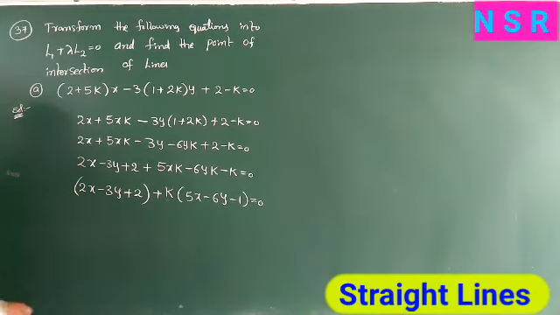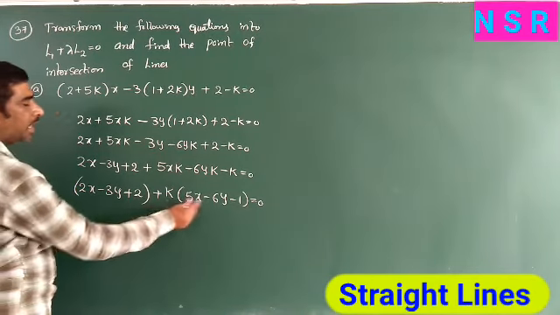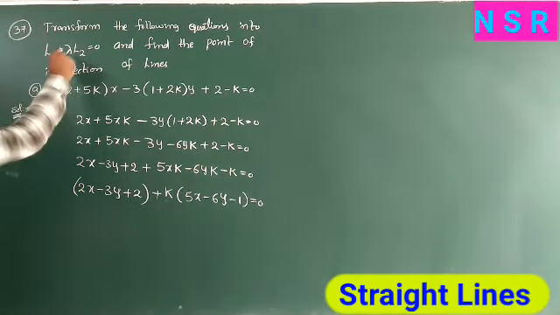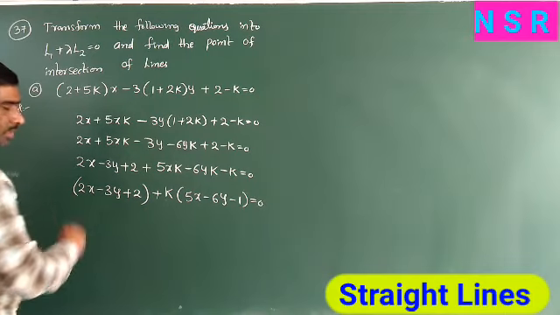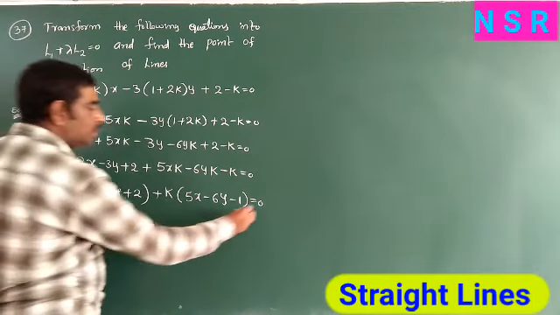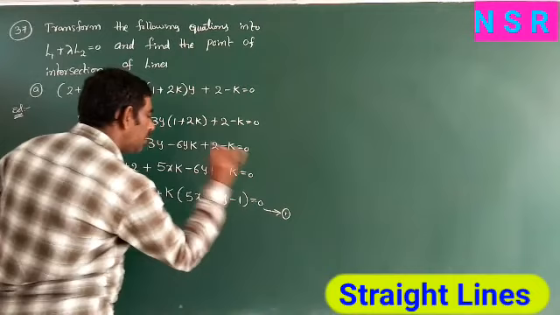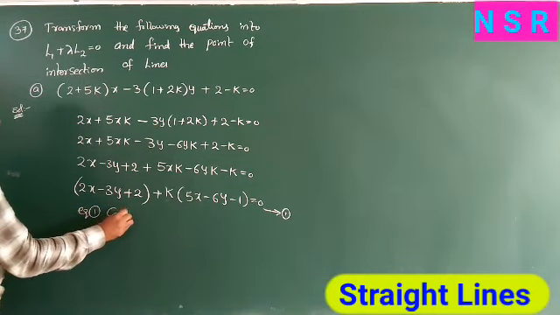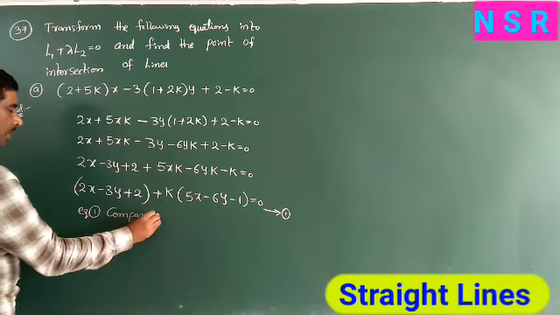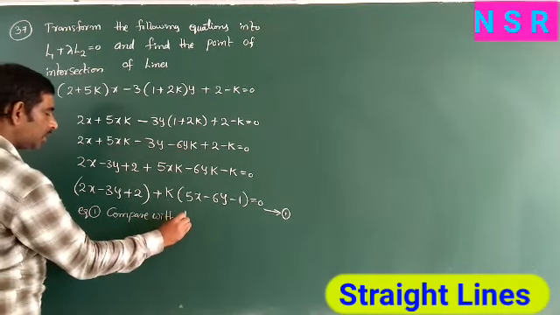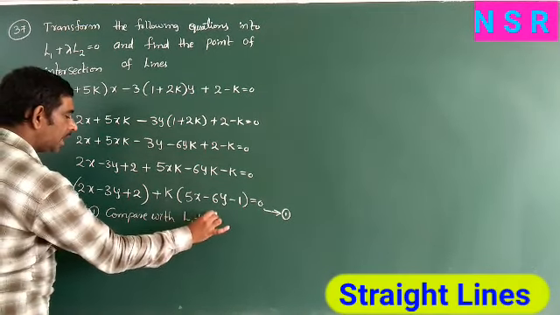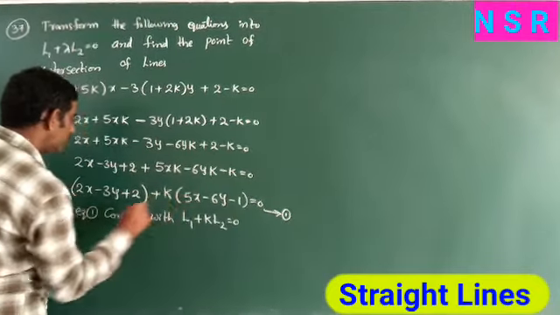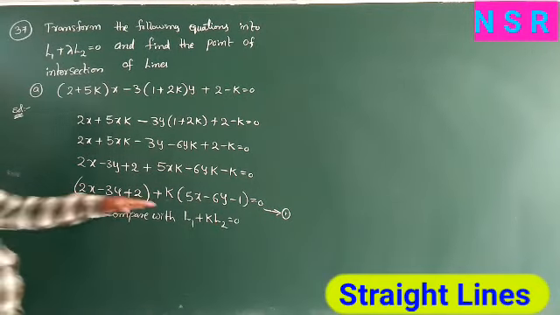Now it is in the form of L1 plus k into L2. So here lambda is parameter, in our question k is a parameter. So take it as equation number 1. So equation 1 compare with L1 plus k into L2 equal to 0. So L1, this is the first line and the second line.